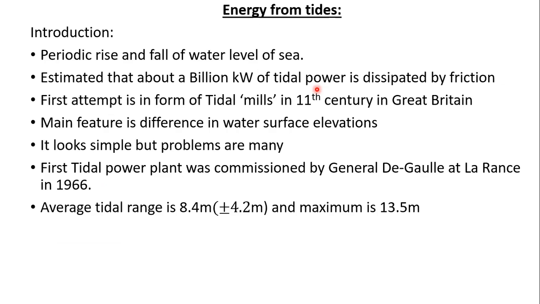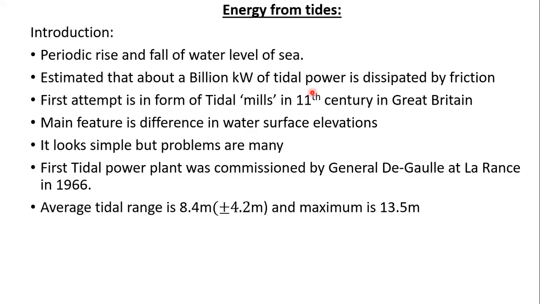This energy, the rise and fall of the water level, is used for running the turbines and production of electricity or other forms of energy. So tidal power means there is movement in the water levels, and we grasp that movement and use it.